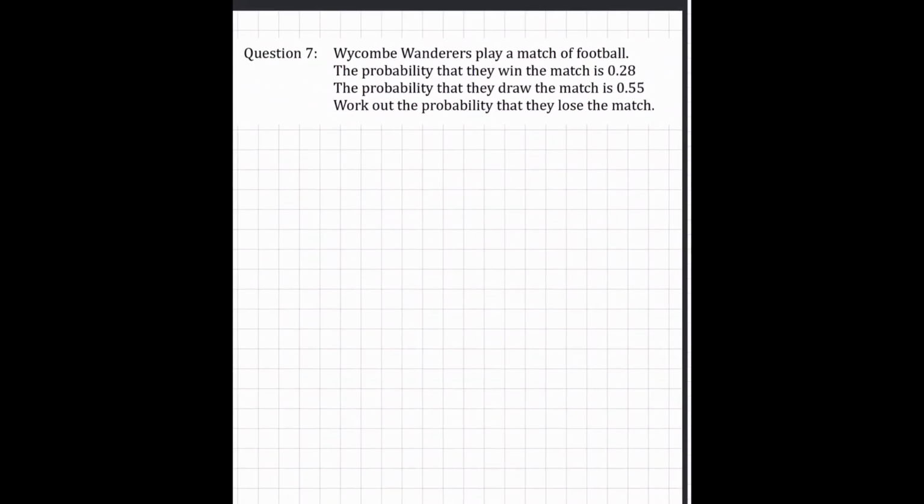Alright, if we look at this next one, now we're working with decimals. The Wanderers play a match of football. The probability that they win the match is 0.28. So winning is 0.28. The probability that they draw is 0.55. And now it's asking us to work out the probability that they lose the match.